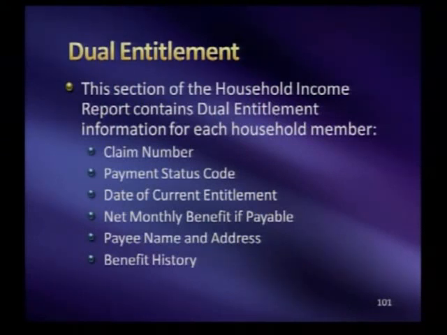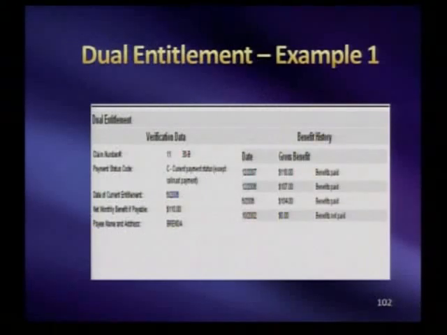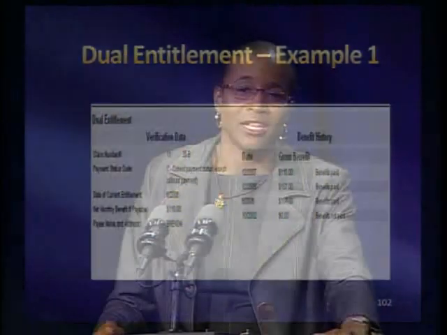The payment status code associated with the dual entitlement, along with the date of current entitlement, net monthly amount if payable, the payee name and address, and benefit history is listed in dual entitlement. And this is an example of dual entitlement because I know there's some of you out there, I don't know what Nicole is talking about. I've never seen dual entitlement in EIV to date.